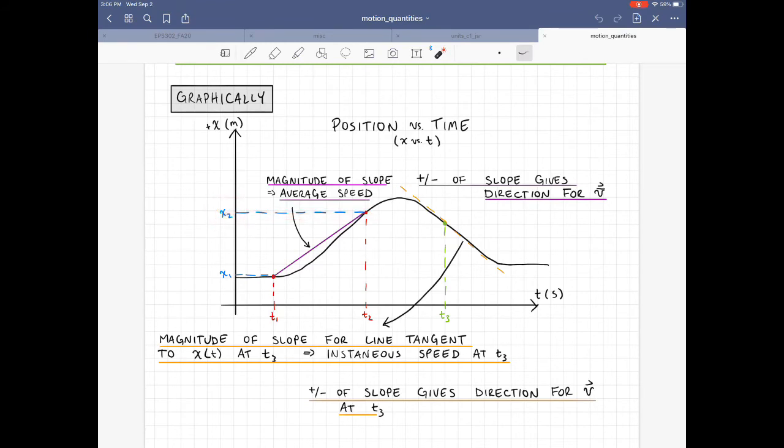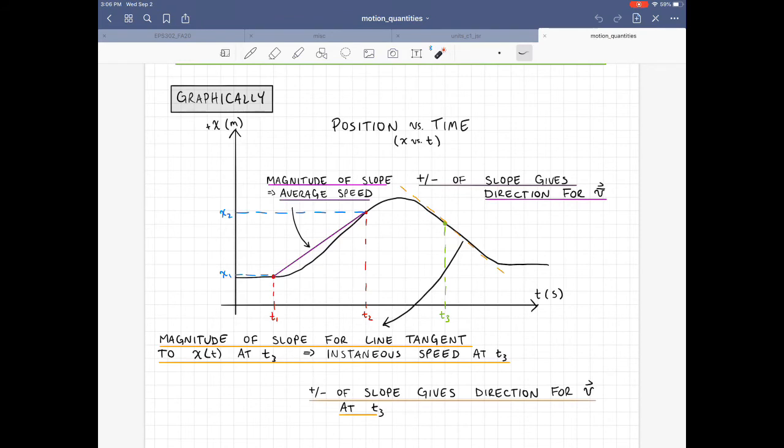So let's consider t1 and t2. Those are two different times. If I compare the position at those two different times, then I can determine the average velocity or the average speed of the object just by determining the slope between those two points.